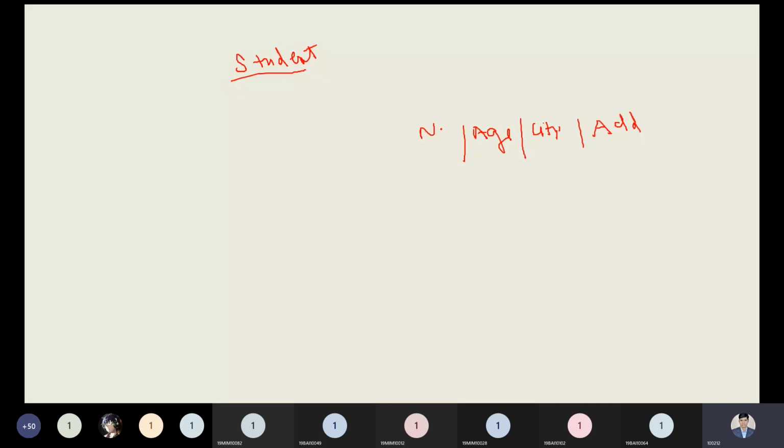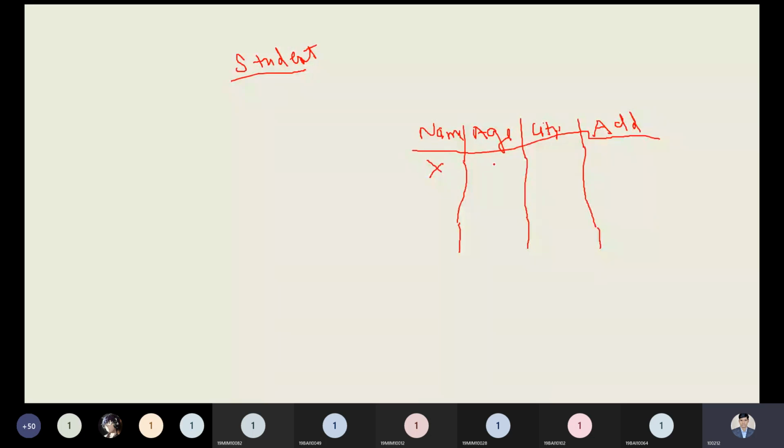Suppose I have taken all these values. Is it clear to all? All these fields are clear to all? Yes, sir. Okay, name I'm putting over here X. Anything, just for simplest purpose X is a name.